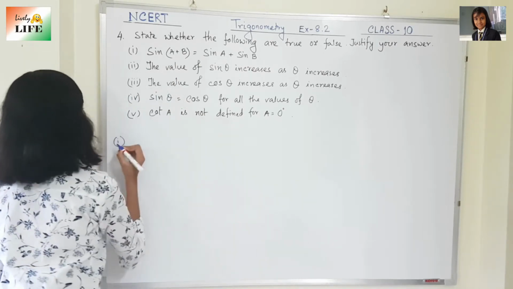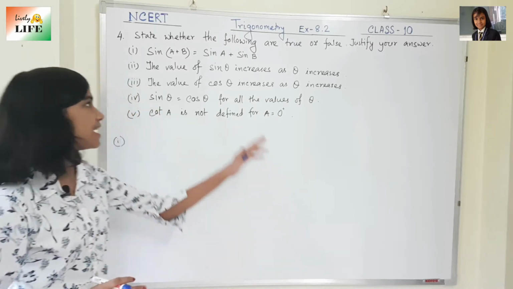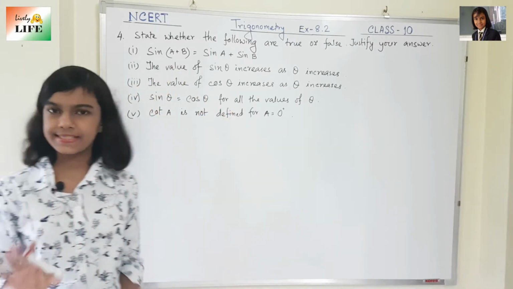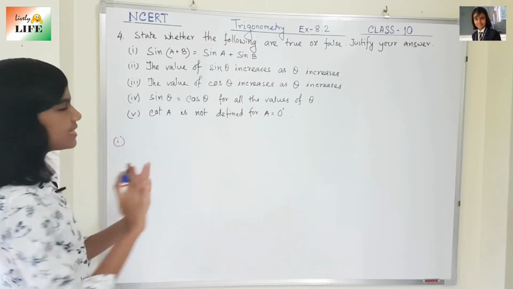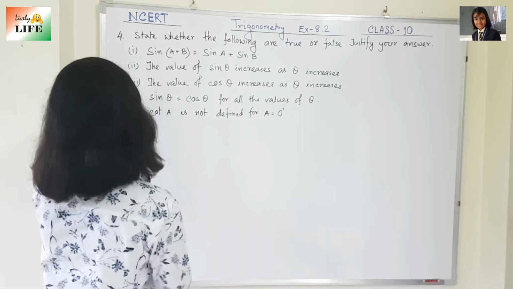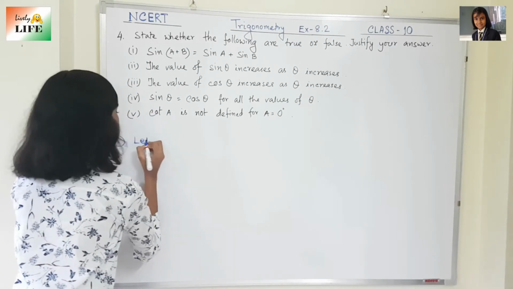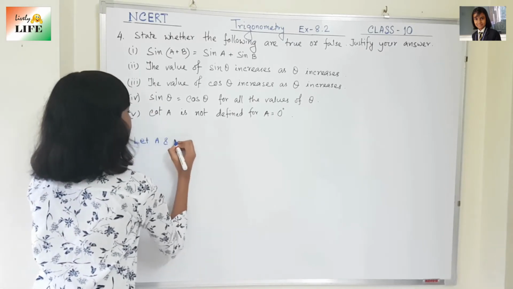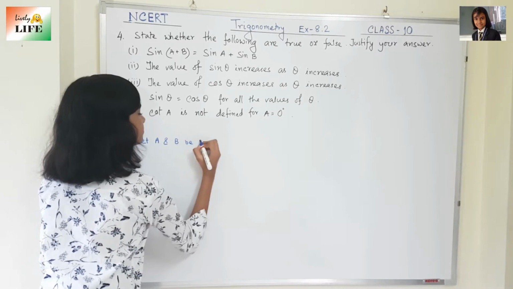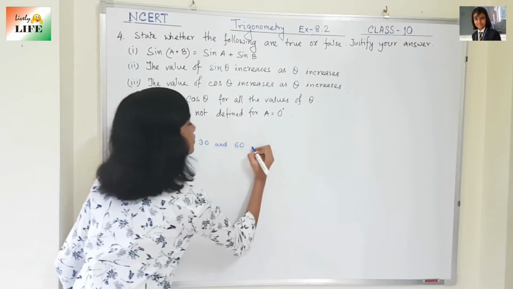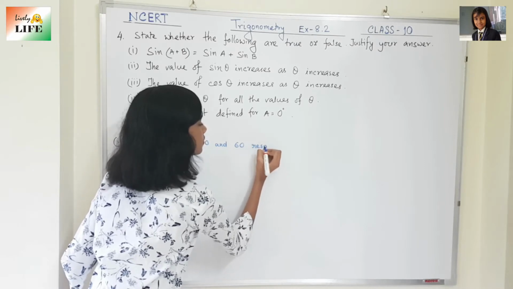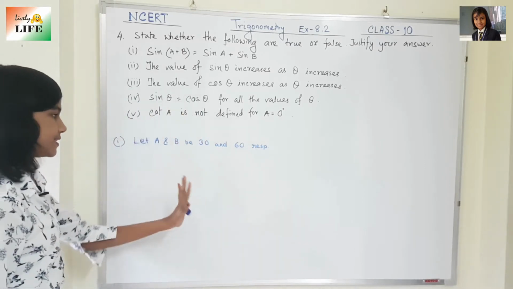So for example, let's take A as 30 degree and B as 60 degree. For example, you can take any other values also, but let's take 30 and 60 degree. Okay, let A and B be 30 and 60 respectively.